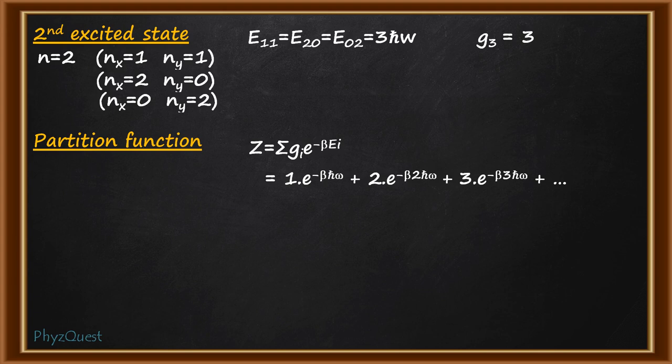So here we have put the values of g1, E1, g2, E2 and g3, E3 in the corresponding expression, and this is the expression we have got.